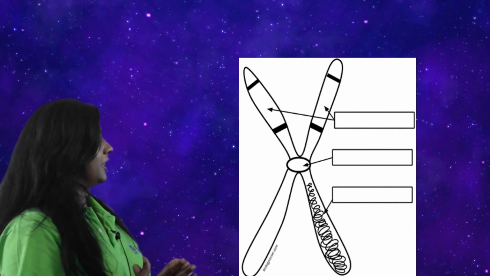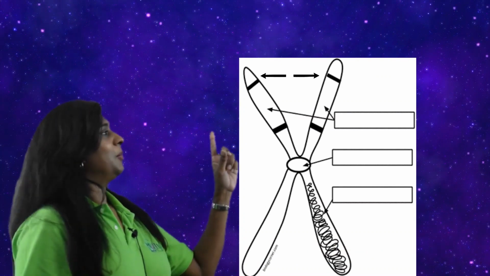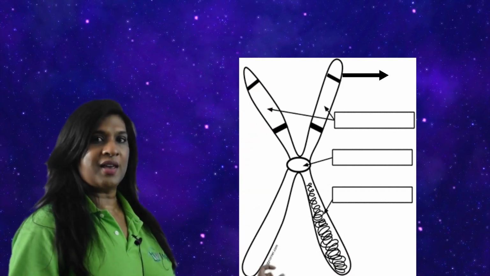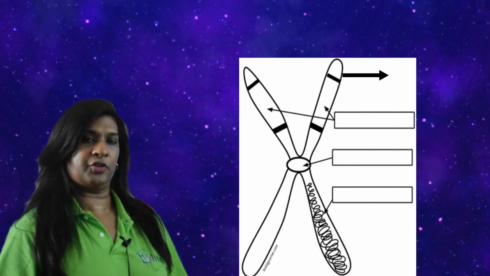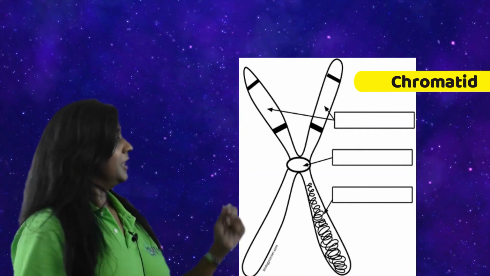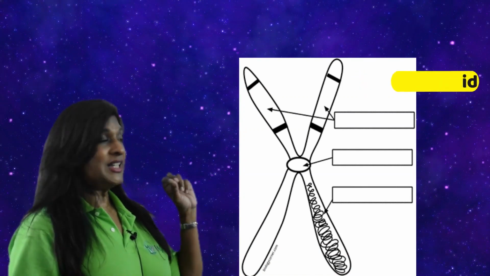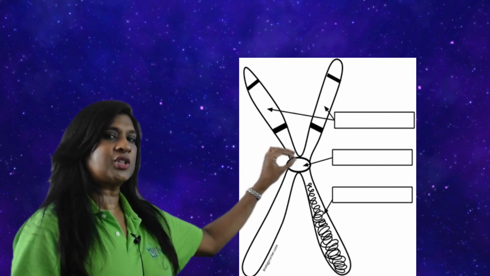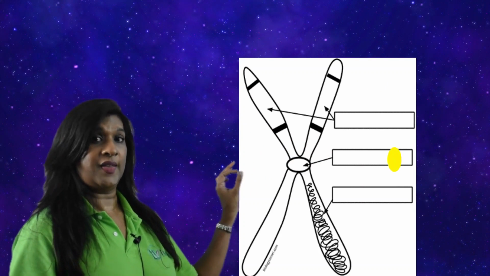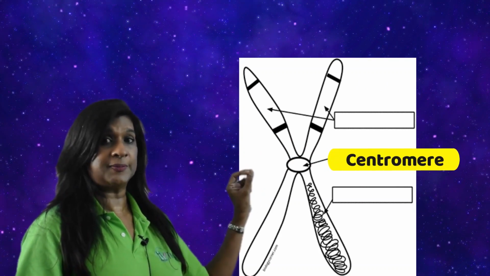Right. So let's look at our labels. Label 1 is indicating one of the strands in this double-stranded chromosome. That is a chromatid. Label 2 is indicating the little round structure that's connecting the one chromatid to the other. That's your centromere.